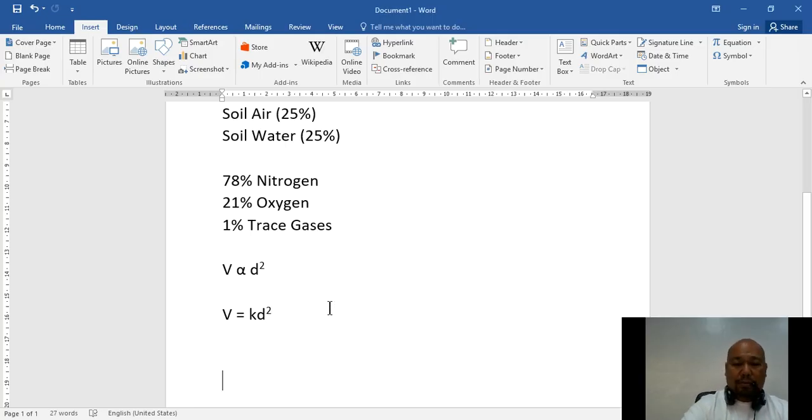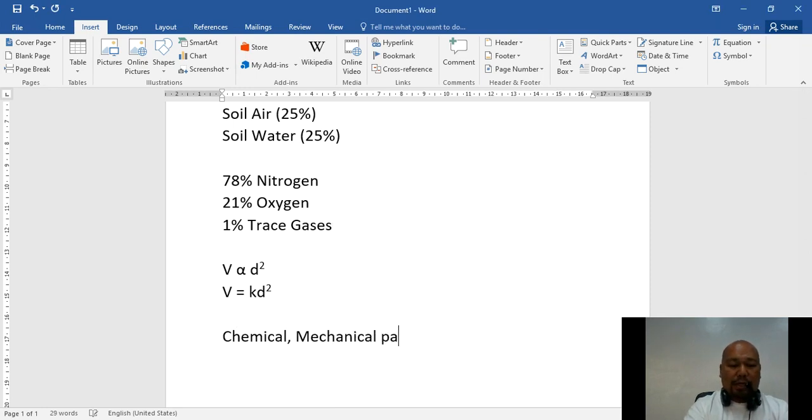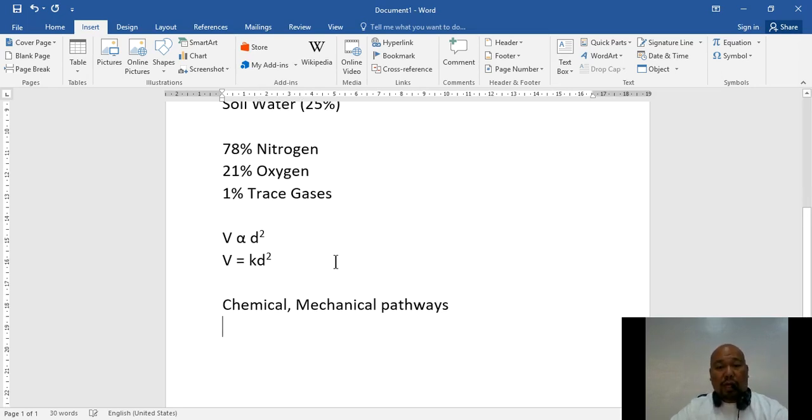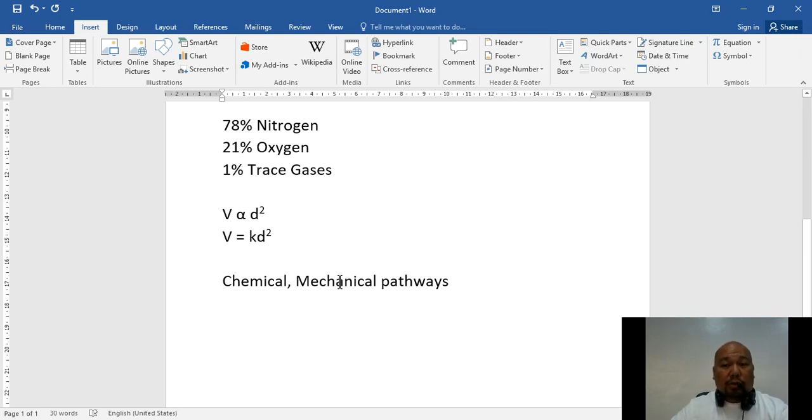Last time, our weathering has chemical or mechanical pathways. Finer textured soils are the small particles, close to clayey soils. Mechanically speaking, they are weathered because normally it starts from rocks.